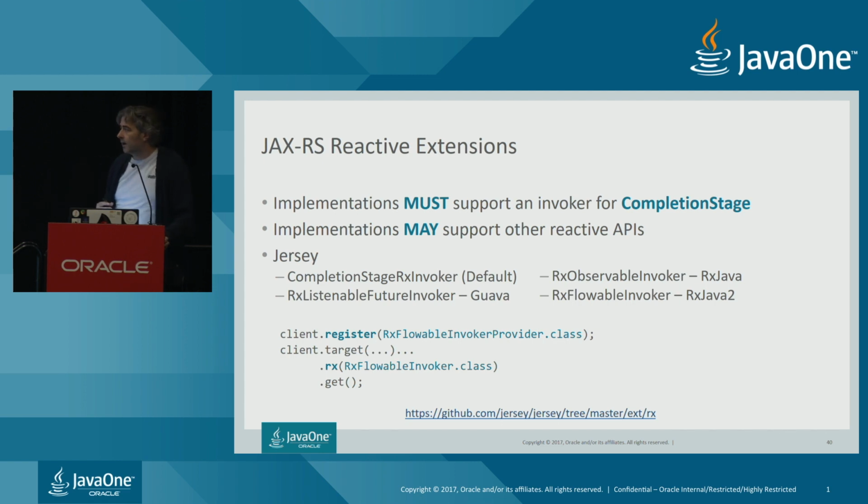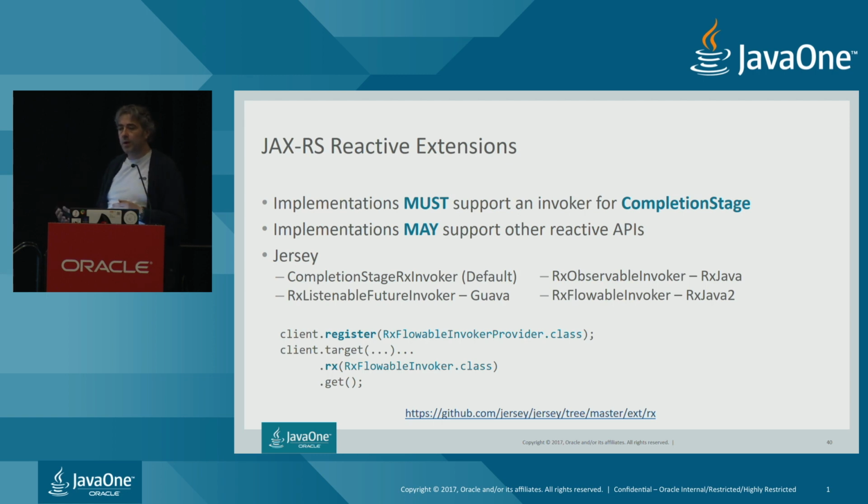But we also support the Guava ListenableFuture, and we also support RxJava and RxJava 2. So the way it works, if you want to use, let's say, for example, the Flowable, when you construct your client, you need to pass it a specific invoker provider for that API. In this case, it's an RxFlowableInvokerProvider, so you pass it that class.